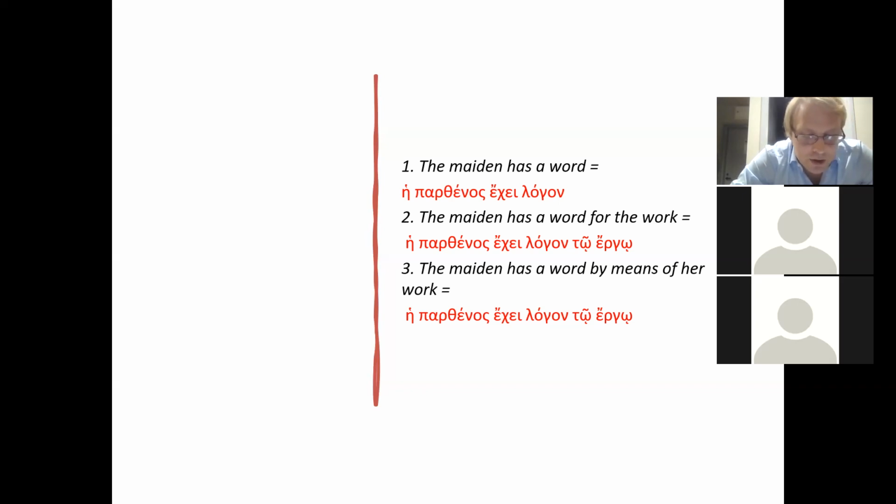Now, a final more general syntactical reflection may end this lecture. As I said above, the nominative case is usually reserved for the subject of a sentence or a clause. This, however, is not always the case.